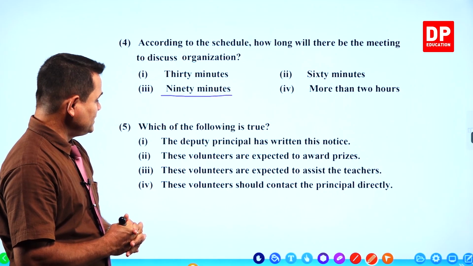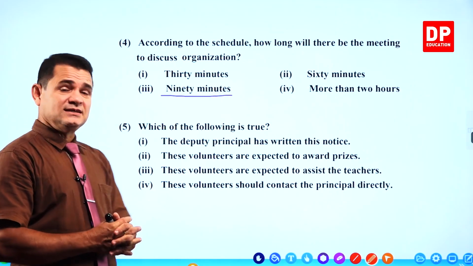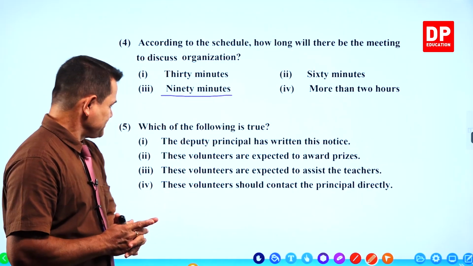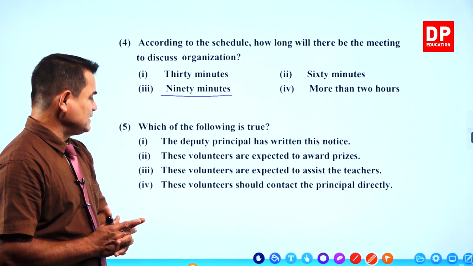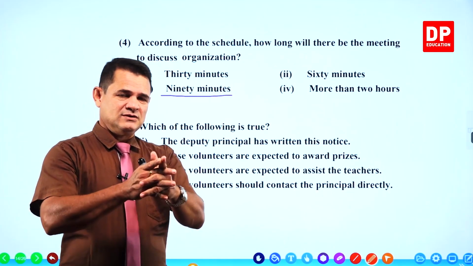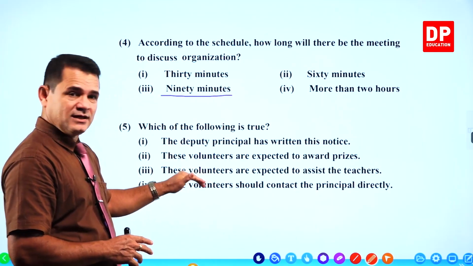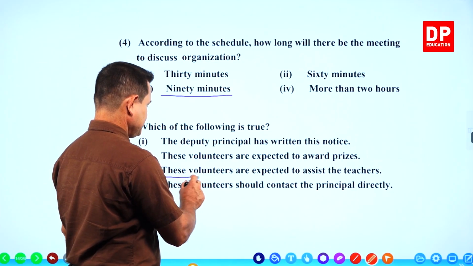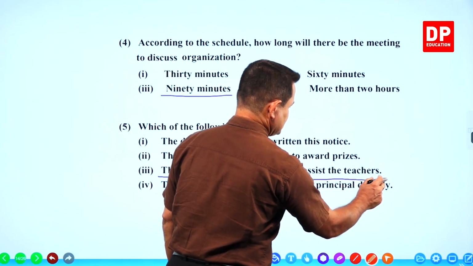Next one, these volunteers are expected to assist the teachers. There was something about assisting the teachers, wasn't there? And these volunteers should contact the principal directly. No, not like that. Actually it said this one, these volunteers are expected to assist the teachers.